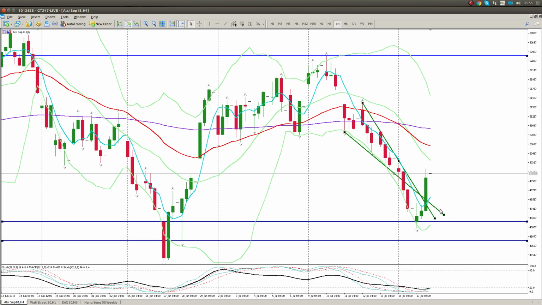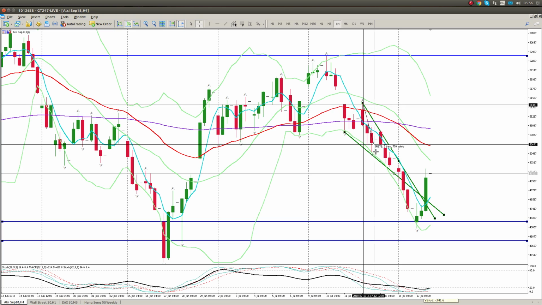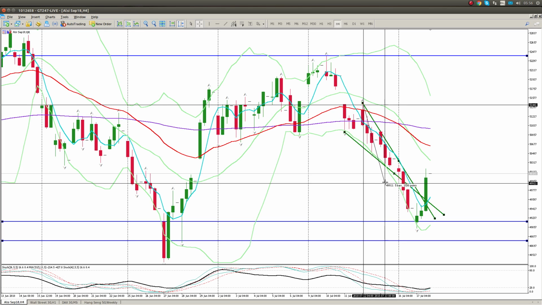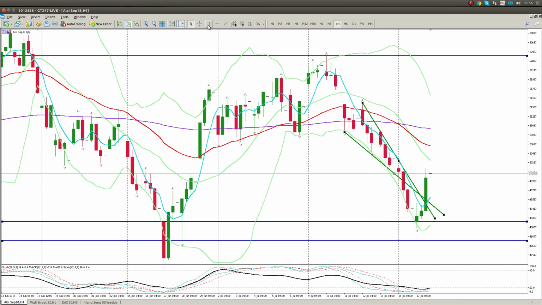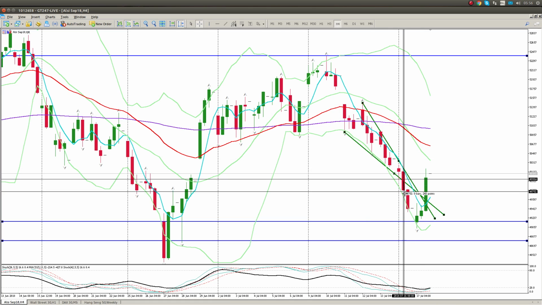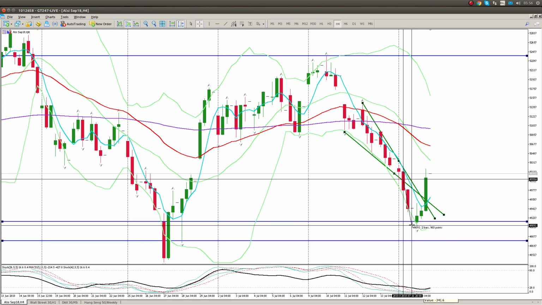Now, just one thing to bear in mind. When this does happen, it is typically quite violent, and the wedge targets are met pretty easily. So this being the first entry of the wedge, and that being the last one there, it's 1,400 points, and we had an overthrow of almost 900 points.